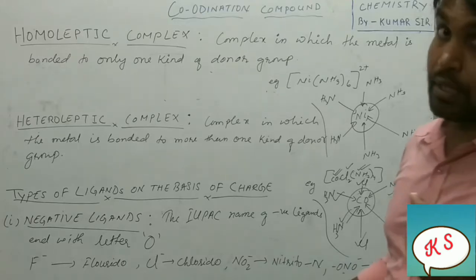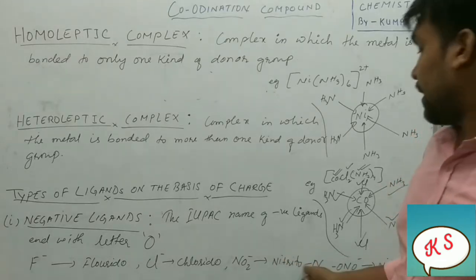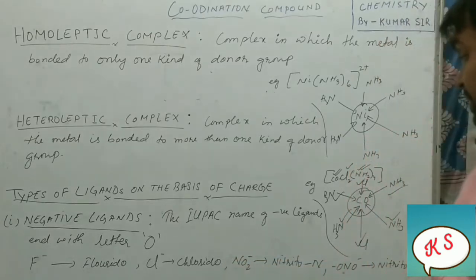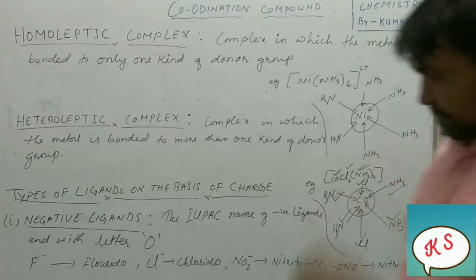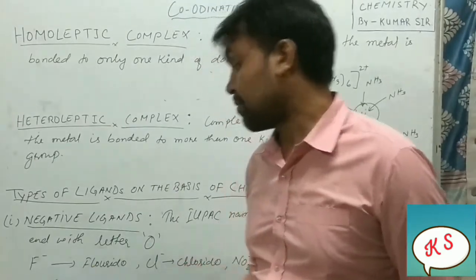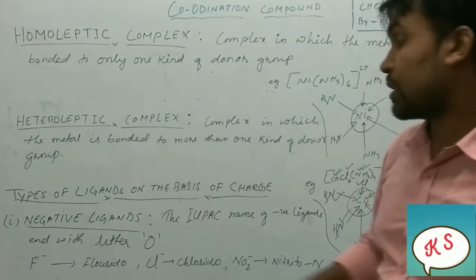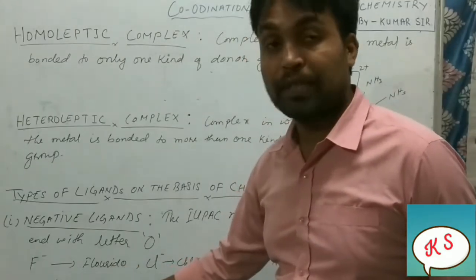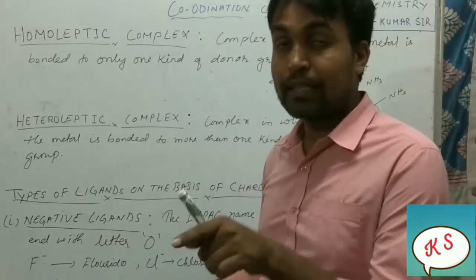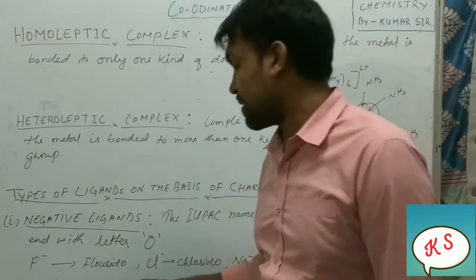As I have already discussed earlier, N represents that the bonding is done through N, nitrogen. ONO is written as nitrito-O, where bonding is done through O. This is sulfate, SO₄²⁻, but it is a negative ligand, so the name will be written as sulfato. The E at the last will be replaced by O.